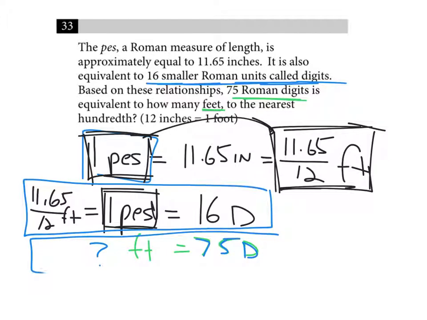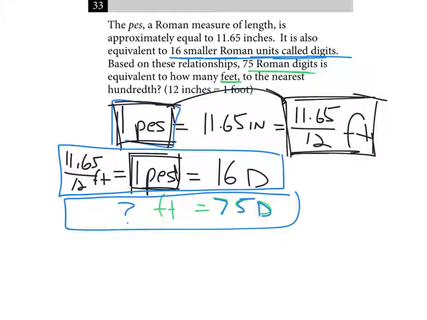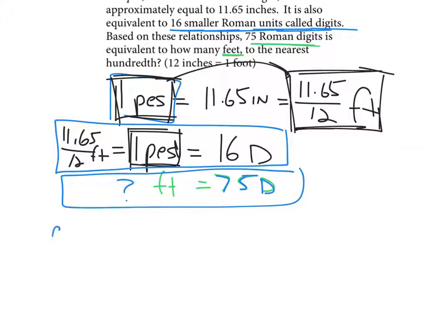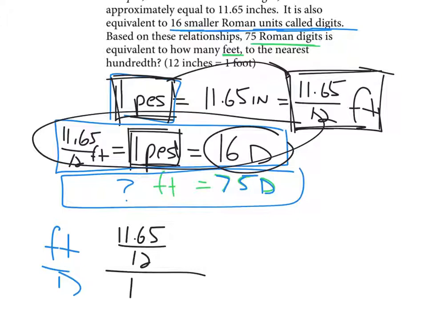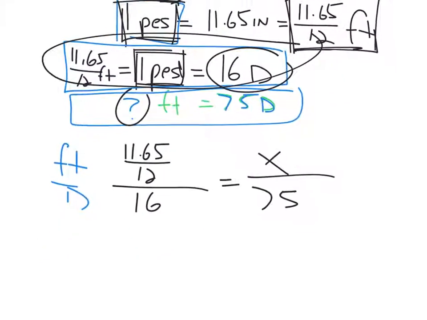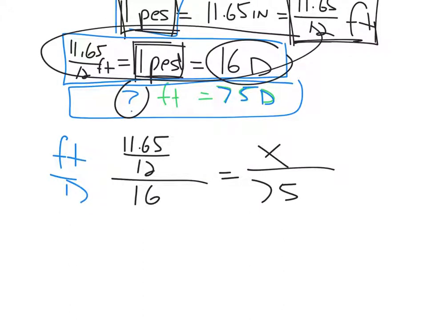So now what I'm going to do is just set up a proportion. I'm going to do feet over digits. I know 11.65 over 12 feet is the same as 16 digits. I want to know how many feet is 75 digits. So even though it doesn't really look that pretty, we're setting up the proportion feet over digits.